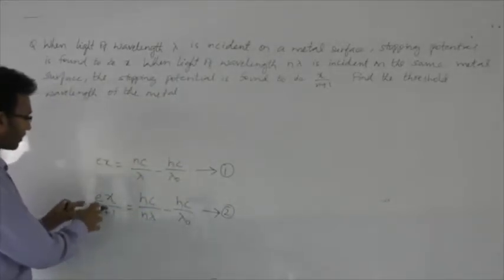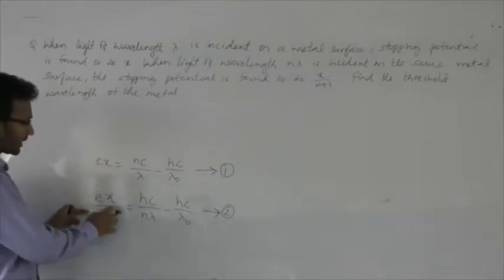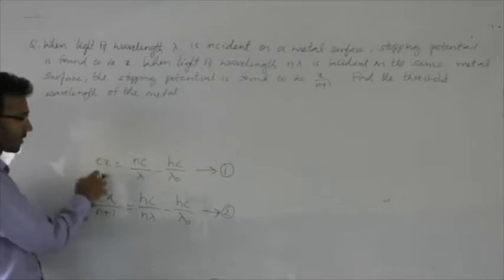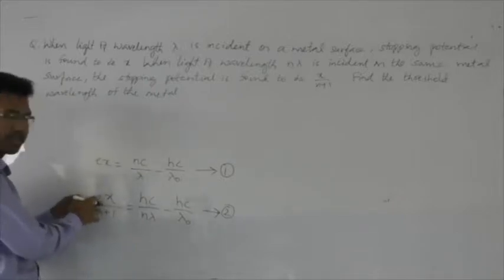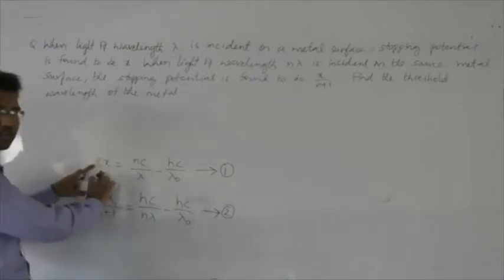What I do is, I'll take this n plus 1 to the right-hand side, then on the left-hand side only E x will remain in this equation, and E x is there in the other equation. I can equate these two.